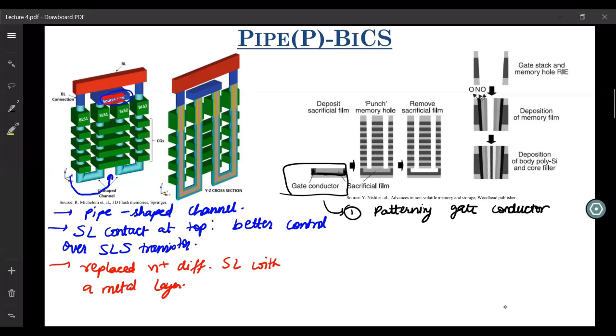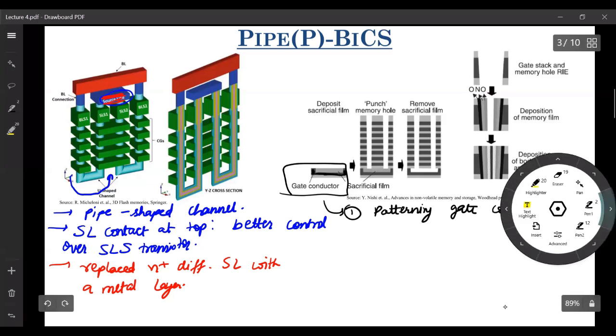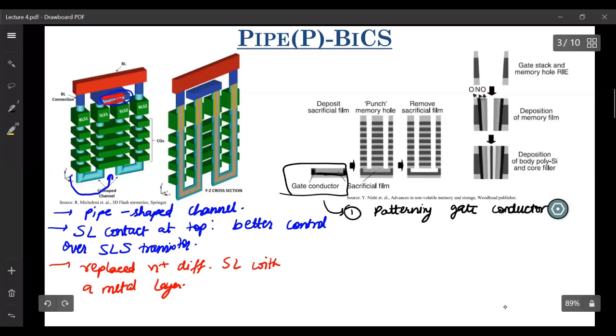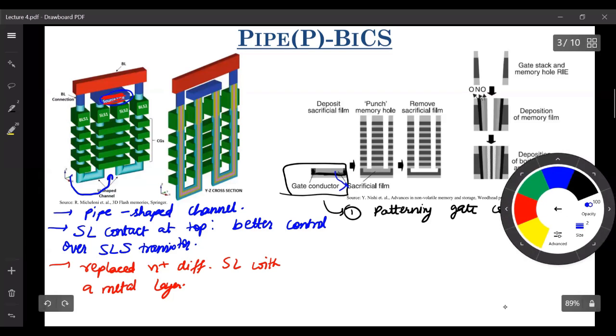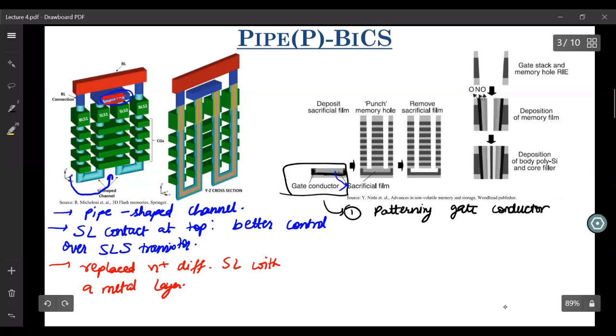This is not exactly your insulator. And within that gate conductor, you then deposit a sacrificial film. What is a sacrificial film? During later stages of the fabrication, it will be etched, which is why it is called sacrificial. So the first process involves defining this gate conductor and then depositing this sacrificial film.